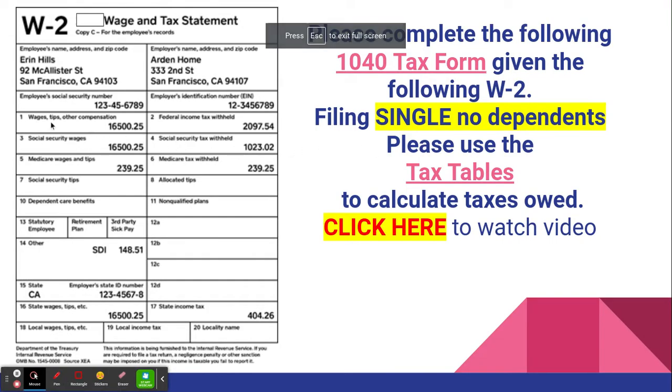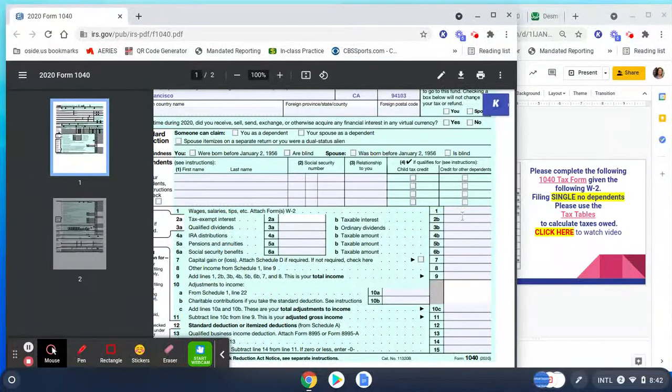Line 1 happens to come from box 1, $16,525. So go ahead and fill in $16,525. As a little known fact, when you file your taxes, you do not have to put change. You can round down or round up to the nearest dollar. I put it to be specific, but you don't have to.